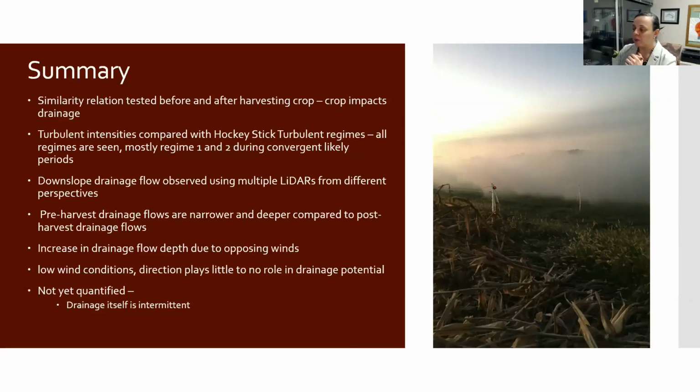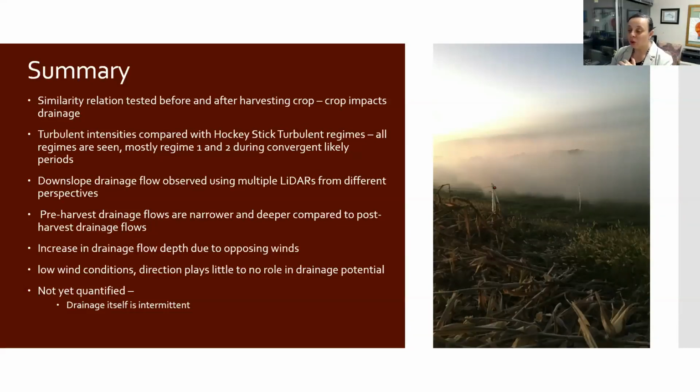And right now, from what we've looked at so far, in really low wind conditions, the wind direction doesn't seem to play a role in drainage potential. So drainage will exist when the wind is low enough, and it doesn't matter what direction the wind is coming from.